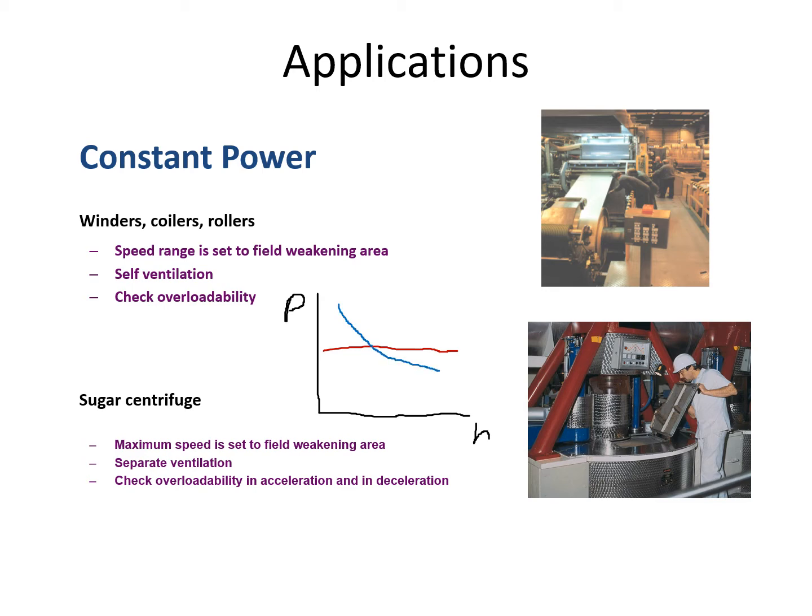So this will be torque, and this is power on the same axis. And again, you see that there are different applications which show the same character of power across the speed range. And then we have different things to check working with these applications.